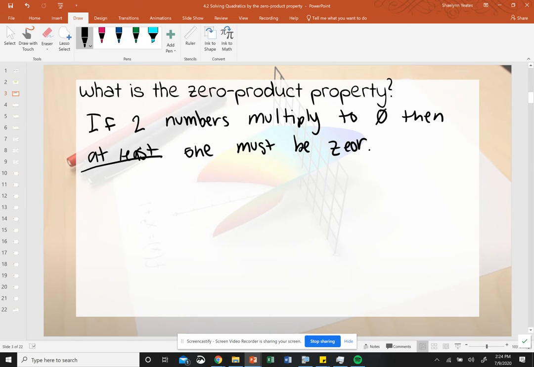And we're going to use that, if I could write the word zero correctly. There we go. We're going to use that over and over and over again. In fact, this is one of the things that we use for the rest of the year.